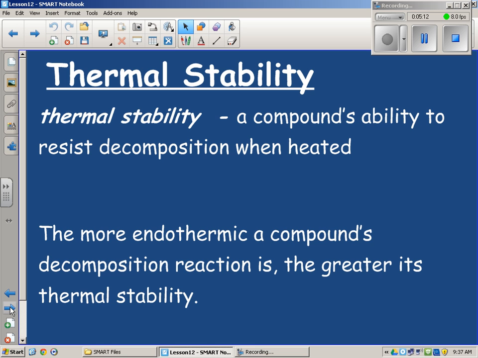If they give you these types of questions, anything to do with thermal stability, the thermal stability depends on decomposition. So the first thing I would do is make sure you understand that it's for decomposition. If you have a formation, you might want to flip it for decomp. You have to make sure we're talking about the right thing here. The more endothermic a compound's decomposition reaction is, the greater its thermal stability.